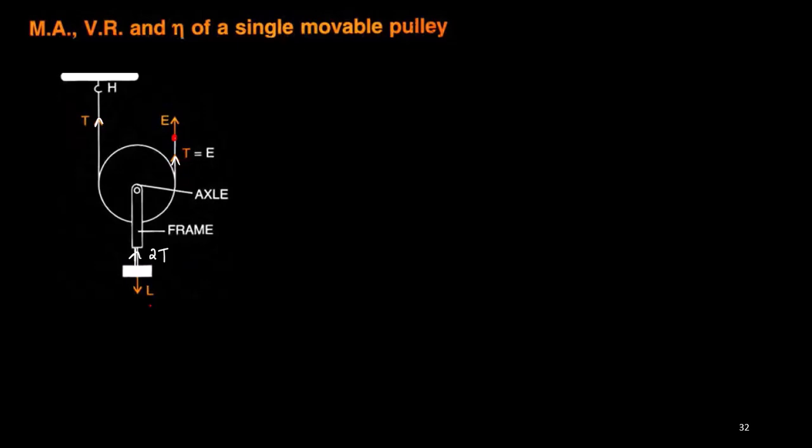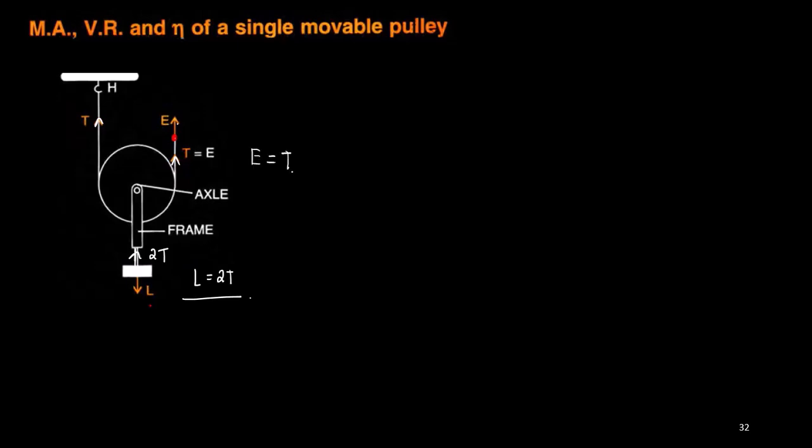Once I apply an effort at this position, the displacement is in the upward direction, and the load is also lifted upward. So here, L equals 2T, and E equals T.